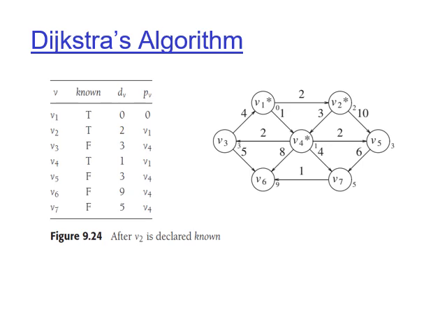Those nodes that are still unknown: V3 has an estimate of 3. The current estimate of V5 is also 3. The current estimate of the shortest path weight is 9 for V6. For V7, the current estimate is 5.